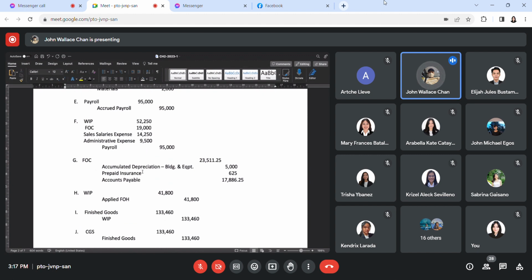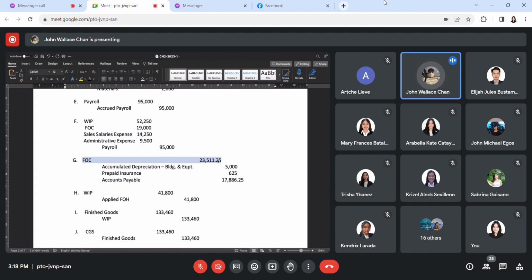So for letter G, factory overhead other than amount. So factory overhead other than any previously mentioned amounted to 23,511.25. So we debit factory overhead control. And then given naman sa problem on how they actually divided it.